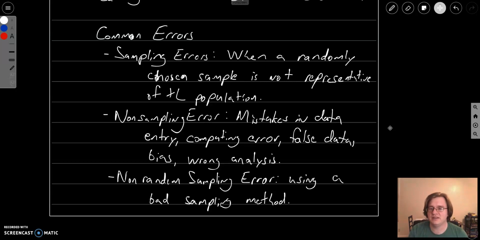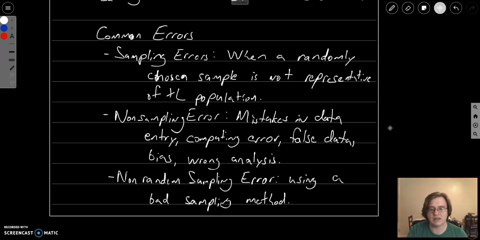Quite often, it won't be random, and that was because it was a poor sampling method. Or maybe you use the cluster sampling method, where you chose a cluster of people to test randomly, but people within that cluster all had some characteristic that confounds the experiment.